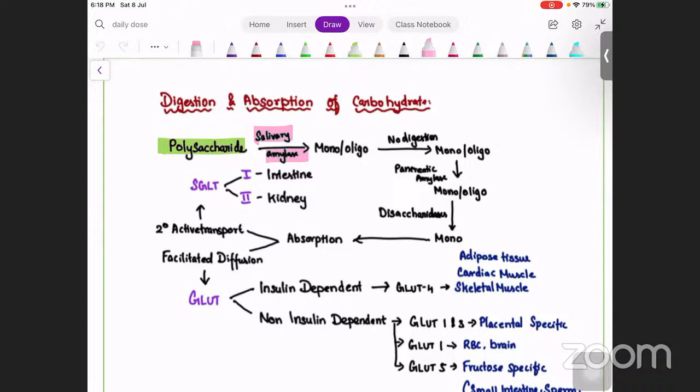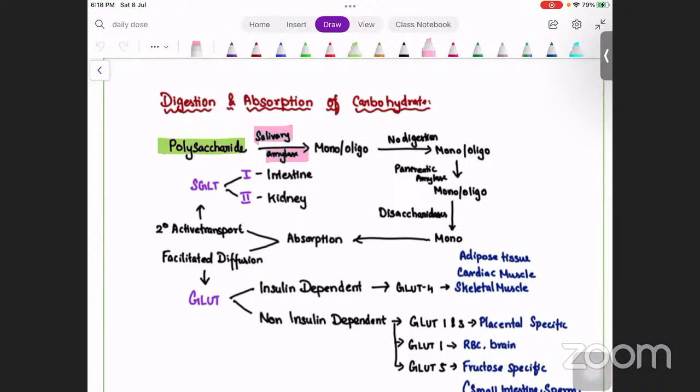We have pancreatic amylase, which breaks down the oligosaccharides further into monosaccharides, and certain intestinal-specific disaccharidases like maltase, sucrase, and lactase, which break down their respective carbohydrates into monosaccharides. Maltase breaks maltose to glucose plus glucose.